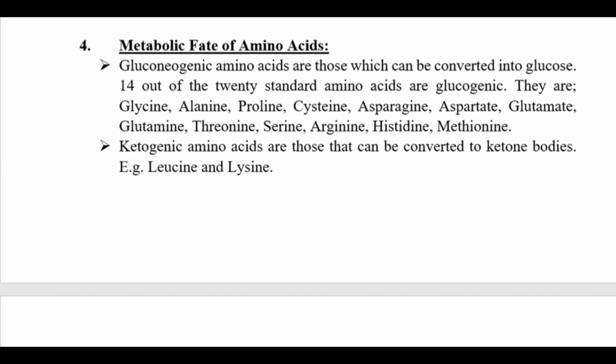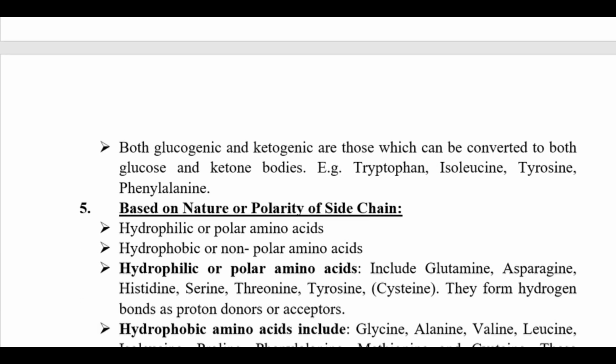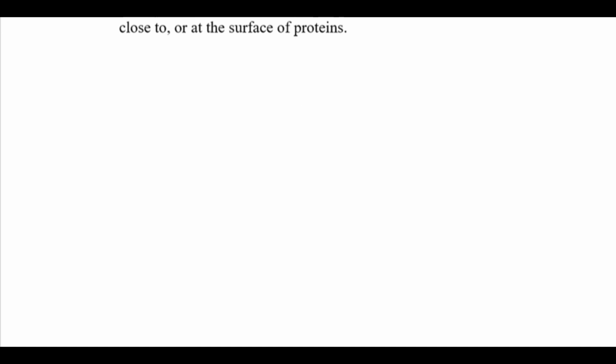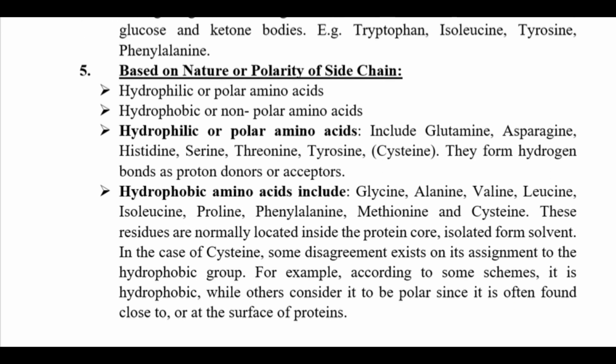Okay, so the last basis of classification is based on the nature and polarity of the side chain. Based on that, we can classify them into hydrophilic or polar amino acids and hydrophobic or non-polar amino acids. Hydrophilic: hydro, water; philic, love.